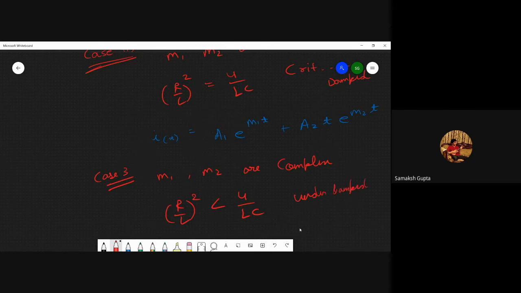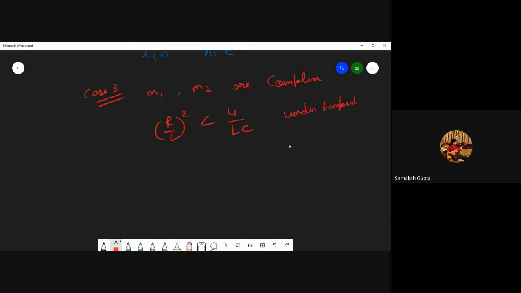Right? And if you have this case, then your solution will take this form. Wait, let me think. It is e to the power lambda t (a1 cos mu t plus a2 sine mu t).